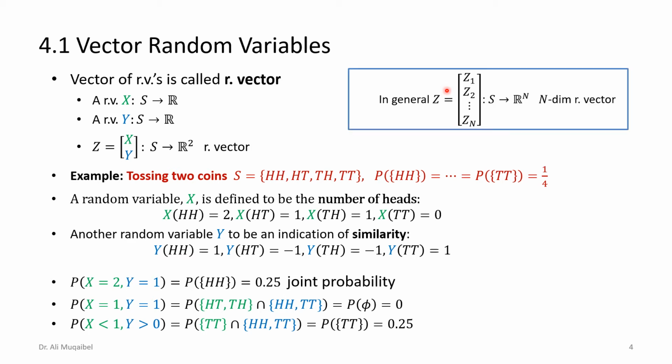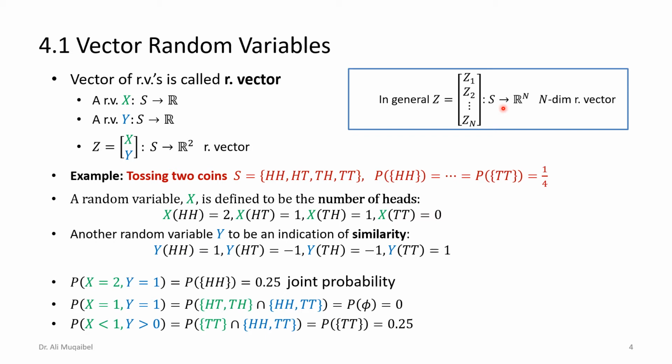So we can say now, to generalize, I gave you the example of 2 dimensions, but in general for z, if we look at a vector from z1 up to z capital N, it's a mapping between the outcome of the experiment and the real numbers. Okay, so we have an n-dimensional random vector.